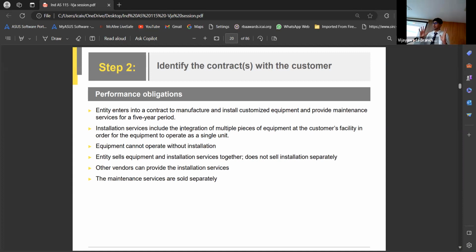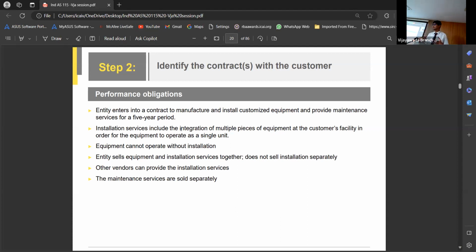Again, we'll take a simple example: plant and machinery supply. Let's take an even simpler one, an AC. Say you bought an AC on Amazon. When you buy an AC on Amazon, your actual supplier will be someone else, say Samsung. Technically you are purchasing the AC from Samsung, but routed through the Amazon website.